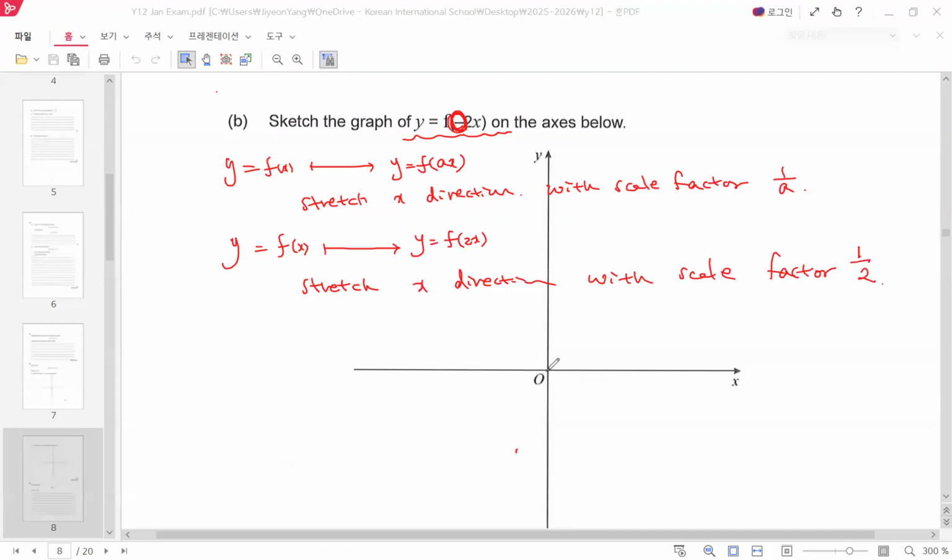So since the original graph passes through 0, a, and 6, the first step should be 0 and then 1 over 2 of a, so a over 2, and 6 times 1 over 2 is going to be 3, right? So you can draw this graph in this way.